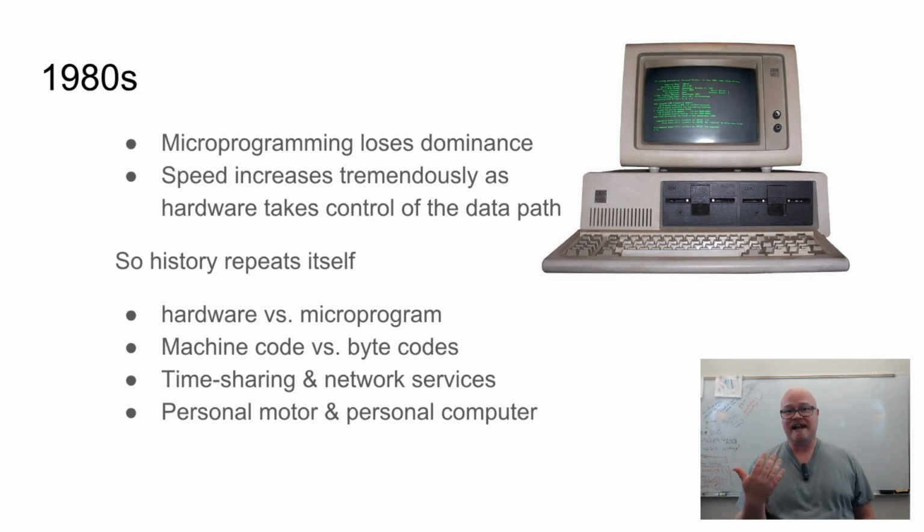So an example that I have here is machine code versus bytecode. In the beginning, of course, our programs were all just machine code, and they ran right on the hardware. Over time, however, we introduced something called bytecode. A long time ago, with a language called Pascal, the concept of P-codes, or portable Pascal codes, was introduced.